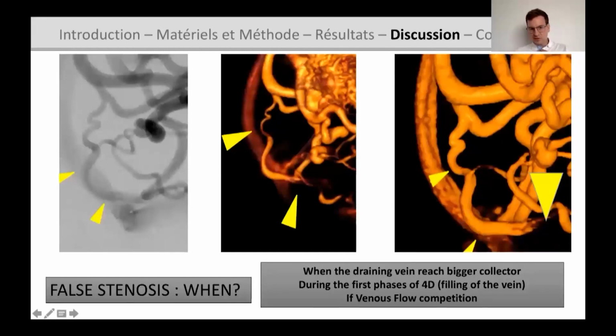Is it a false stenosis you have here on the VRT images? But just wait for the late fillings and you can see that these veins do not present any stenosis. But at the junction of the large lateral sinus, you can have this kind of image because you have a flow competition and it is not a stenosis, it is just that the vein is touching the sinus.